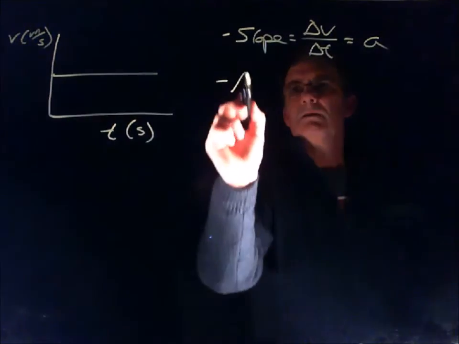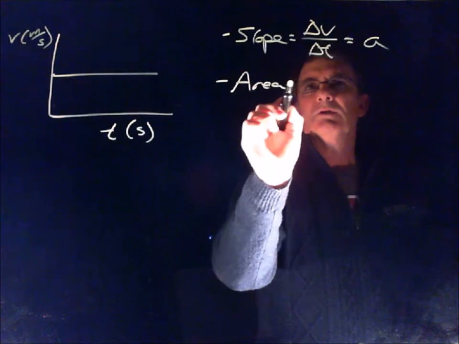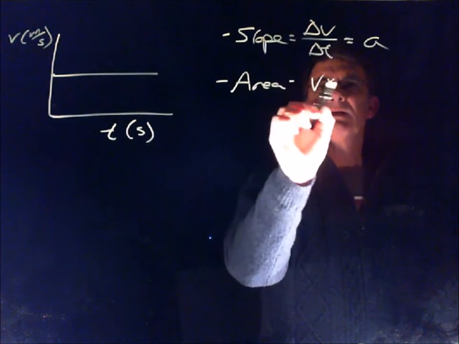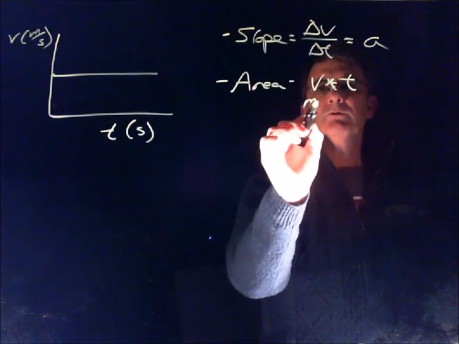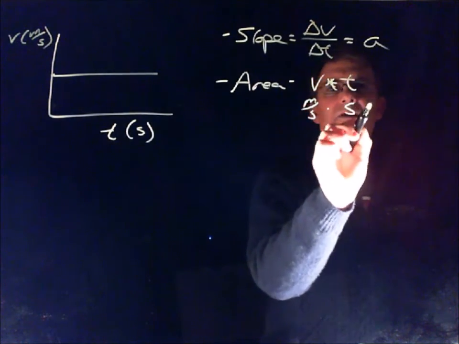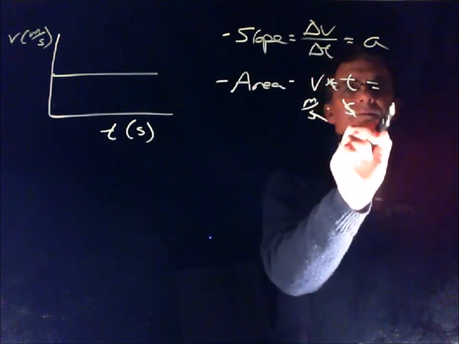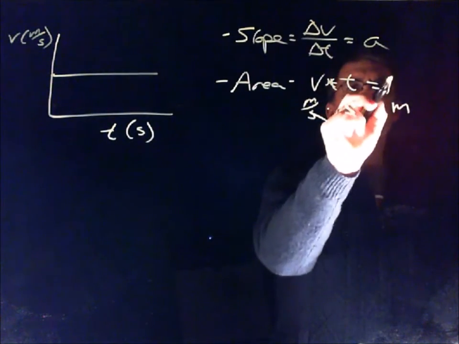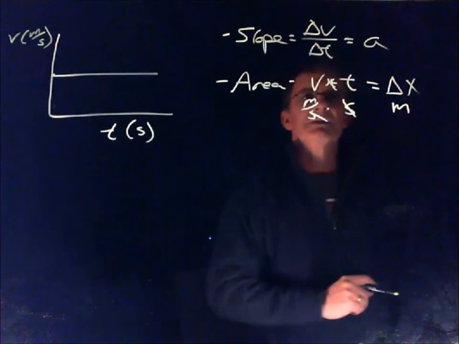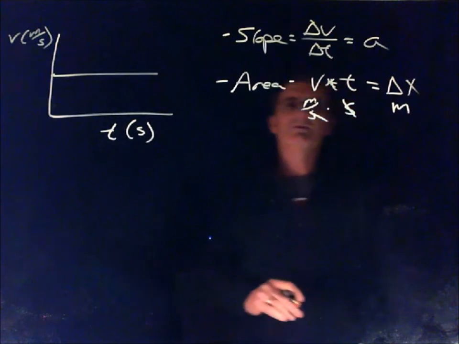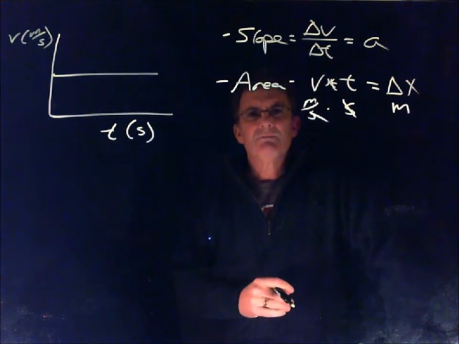The area, we're looking at velocity times time, meters per second times second. So here, this means something. We have meters. So here the area is displacement. How far does the object go in some time period?